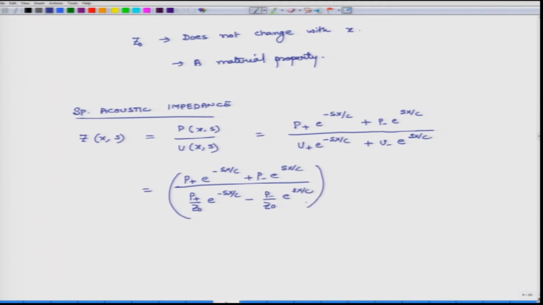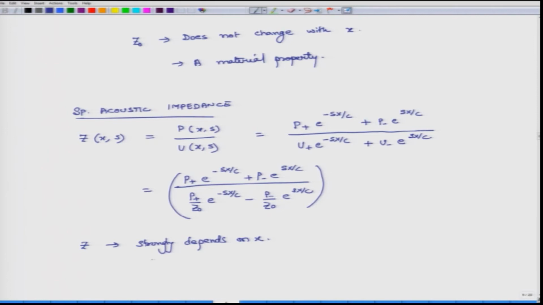Okay. So, Z strongly varies, it strongly depends on x, and it is not a material property.